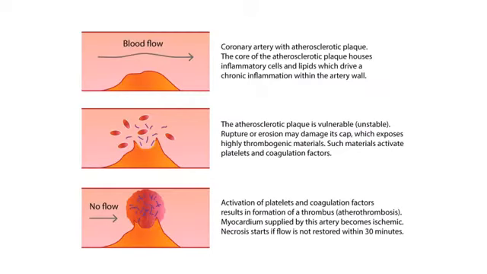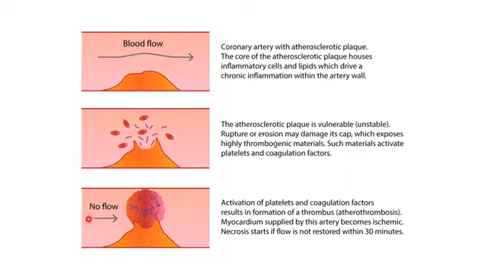So let's imagine that this is the artery. This is the lumen of the artery, where an atherosclerotic plaque occludes some part of the artery. There is inflammation. As the condition progresses, this plaque may rupture, and this will cause release of thrombogenic materials, which will attract platelets and other coagulation factors, which will occlude the artery.